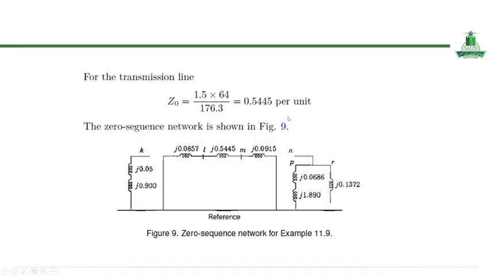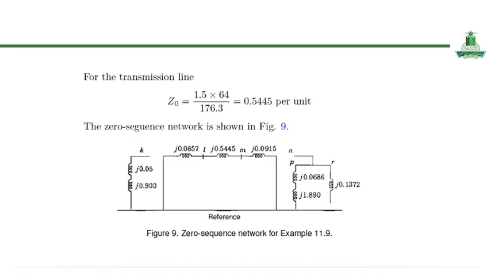This value reflects the line's behavior under unbalanced fault conditions where zero sequence currents flow through the ground return path. The slide then presents the complete zero sequence network diagram.